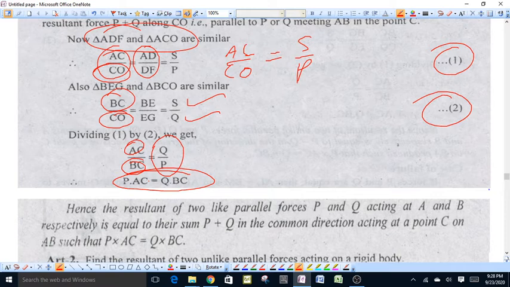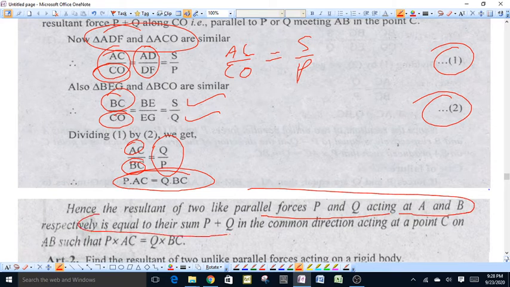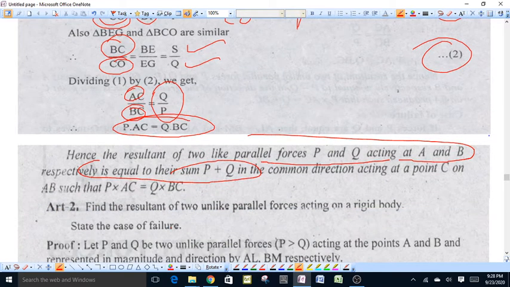This means the resultant of two like parallel forces P and Q acting at points A and B respectively will be equal to their sum, P plus Q, in the common direction, acting at a point C on the rigid body lying on the line joining AB such that P into AC is equal to Q into BC.